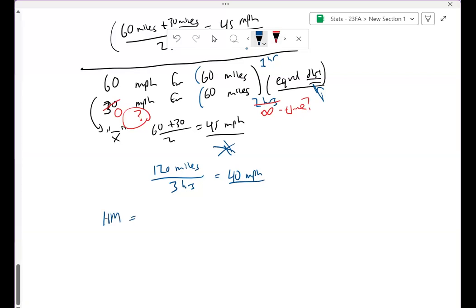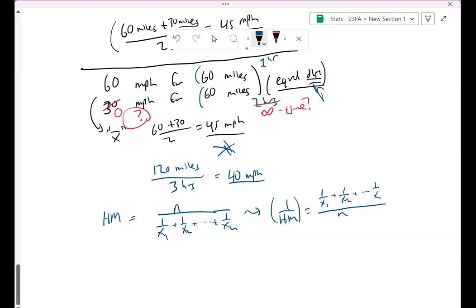The harmonic mean is n over 1 over x1 plus 1 over x2 plus, out through, plus 1 over xn. Or another way to look at it is that 1 over the harmonic mean is the average of the 1 over the data.